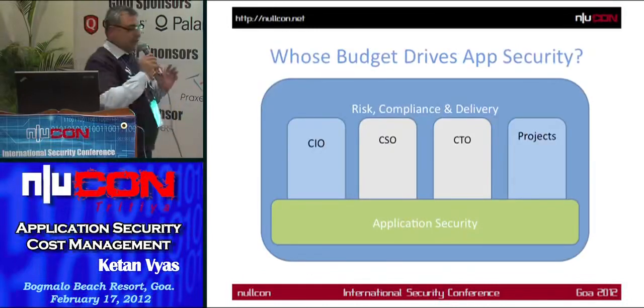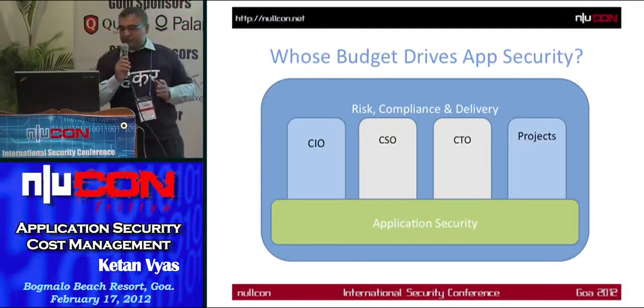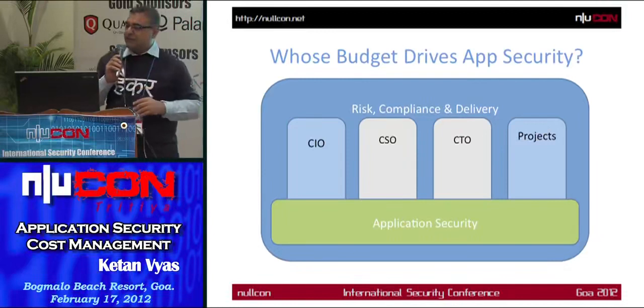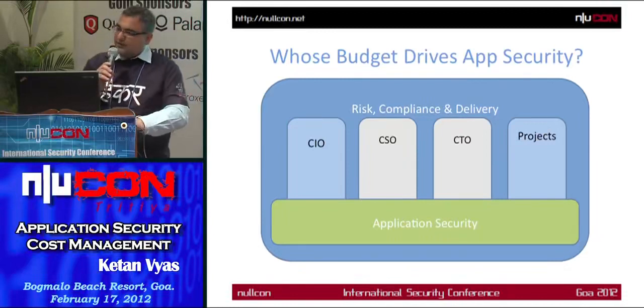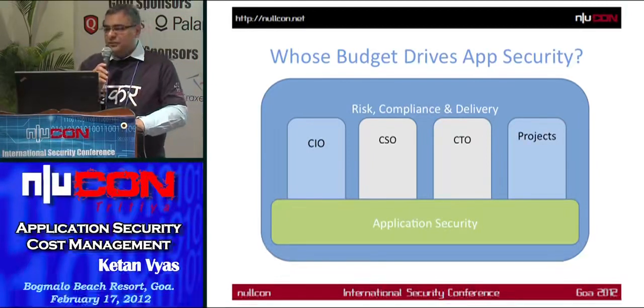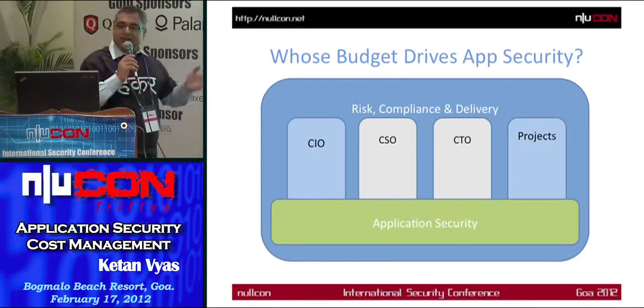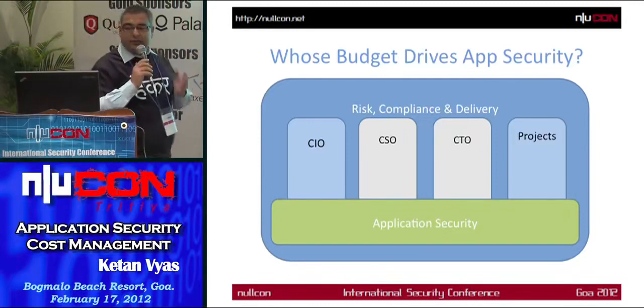And whose budget actually drives application security? That matters a lot. Let's say the CIO is investing in application security. The objective is that whatever internal applications are developed need to be made secure. If the chief security officer is investing, then his objective would be different.